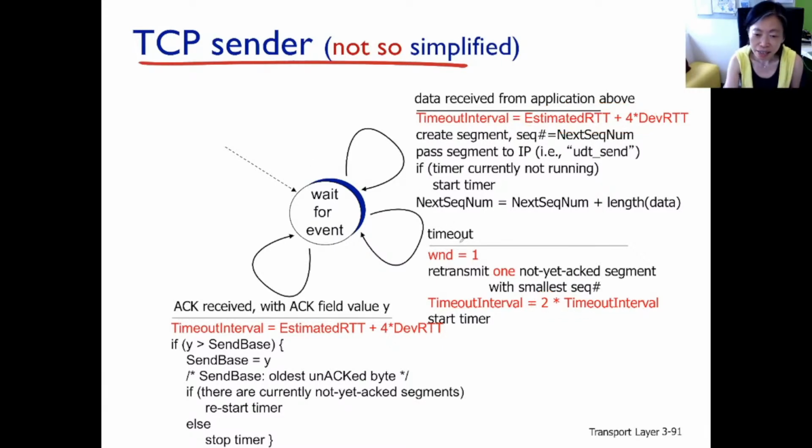The fact is this: window size dropping all the way to 1 and the timeout interval being twice, super conservative, are both to address the congestion that's occurring inside the network. Because when there's a timeout, that is also saying there are no more ACKs coming back. That is probably because data cannot go out.